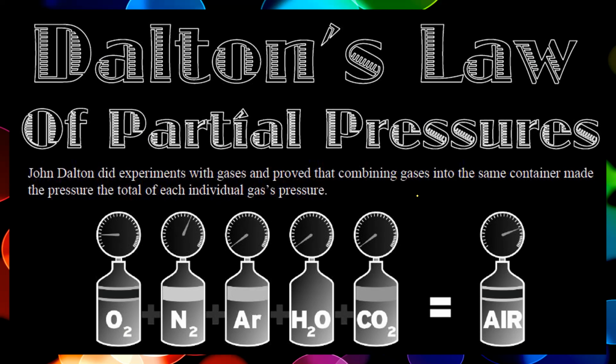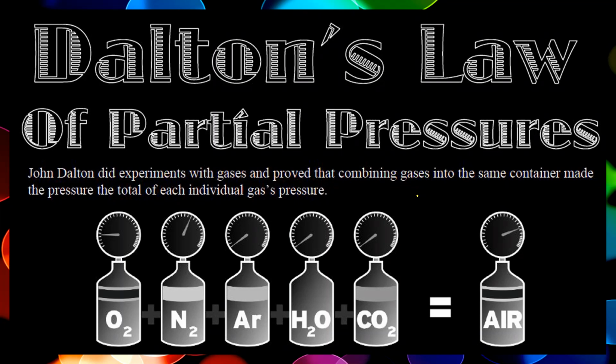So I have this little illustration here I did not make, but I liked it a lot. If I take these 5 containers of gases and I squish them all into one container, then the pressure shown on the gauges here, now I didn't officially count all the little dashes, but if you add up all those little dashes, all of it total should equal that one.